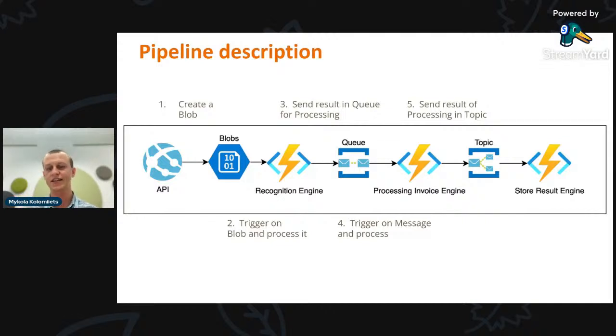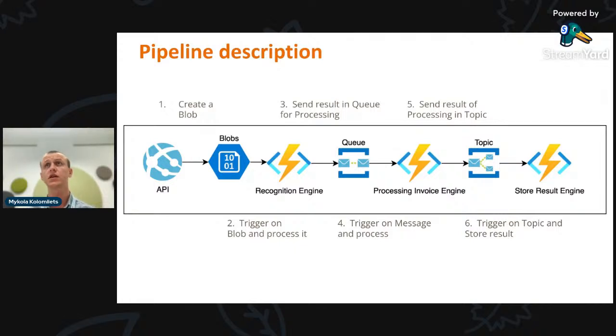Processing is successful, so this document has legal and valid data for some business rules. If not, we can send this message, this event, in the failed topic and process it in another way.